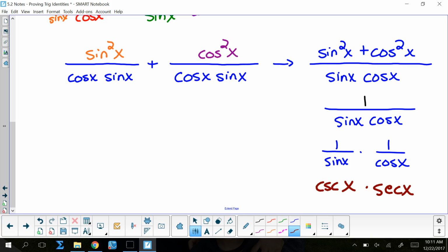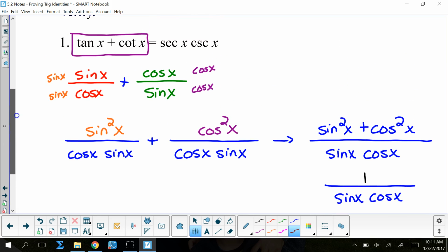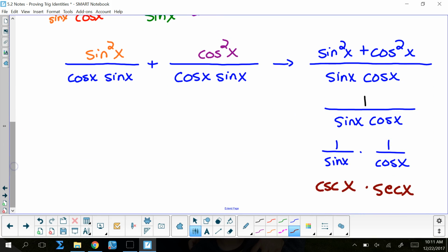Am I okay writing it cosecant times secant? Yep, because even though my original said secant times cosecant, that order is okay.